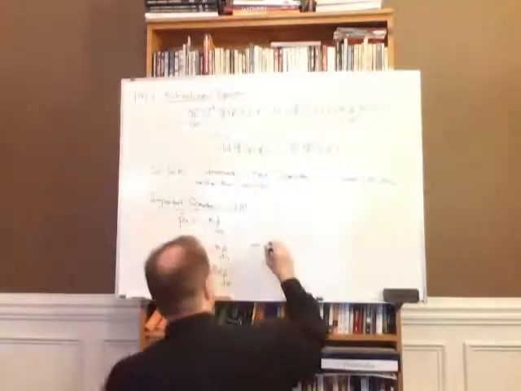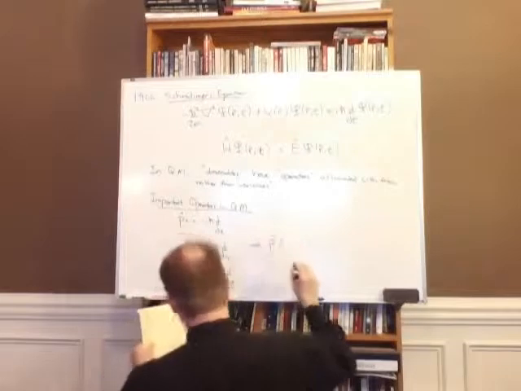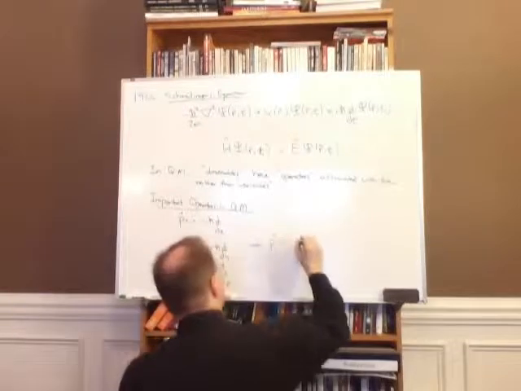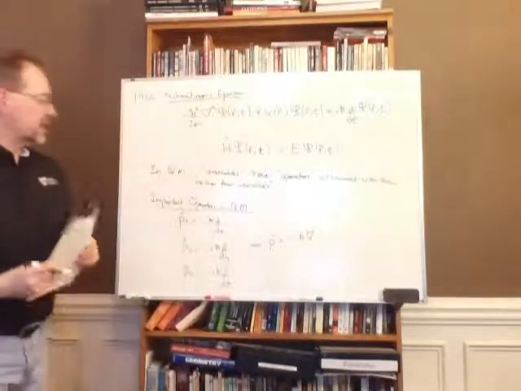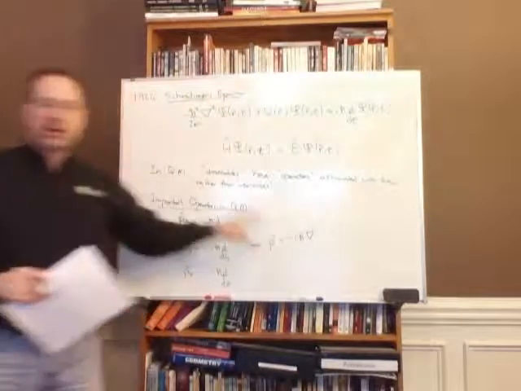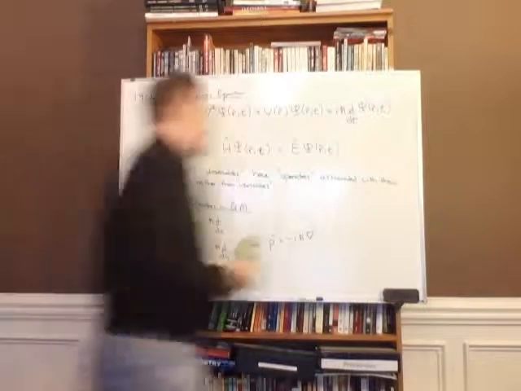So the total linear momentum operator, including the vector component, the direction, is negative i h bar del, our del operator.